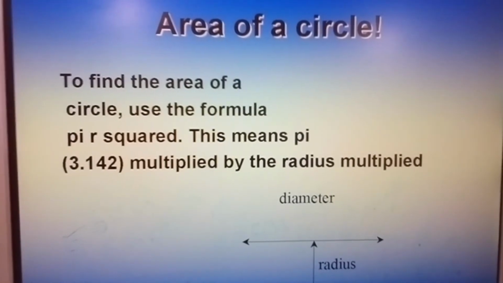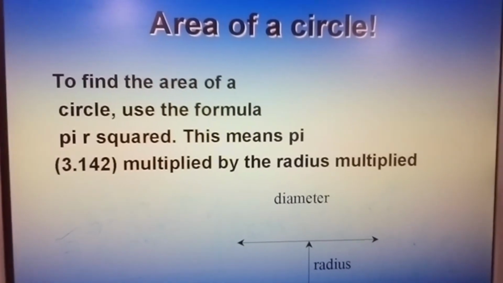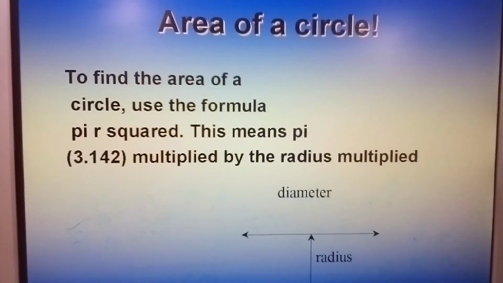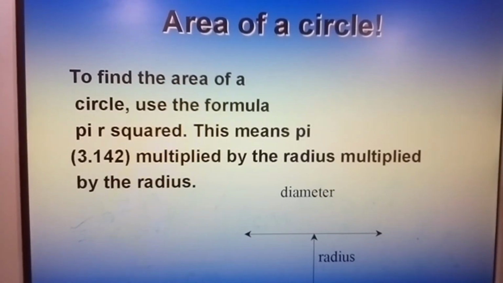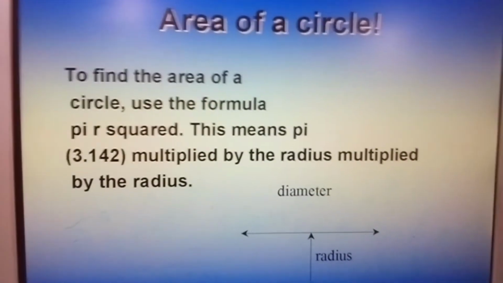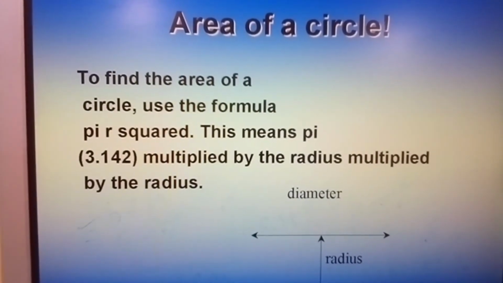You set your engineering calculations as 3.142. Whether you're in China, whether you're in India, whether you're in the United States or the United Kingdom, that will still be 3.142. Okay. Multiply by the radius, multiply by the radius, that's r squared. Okay.